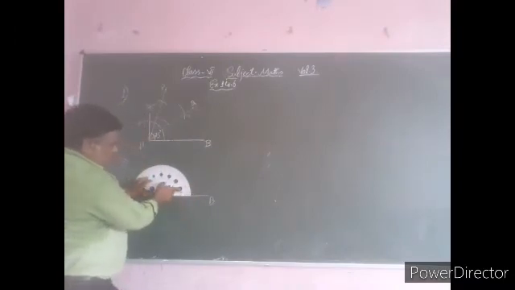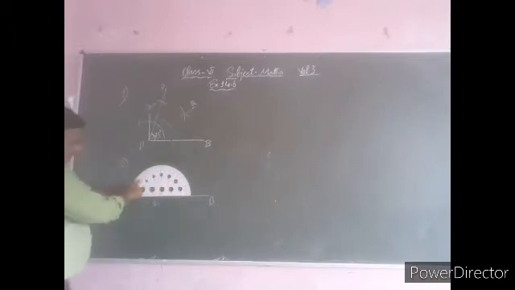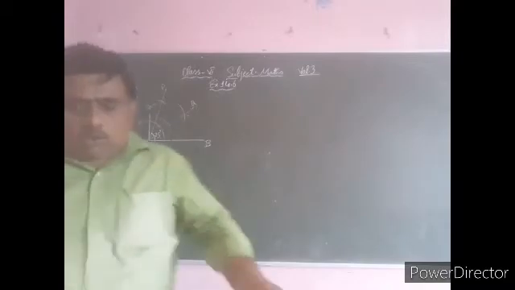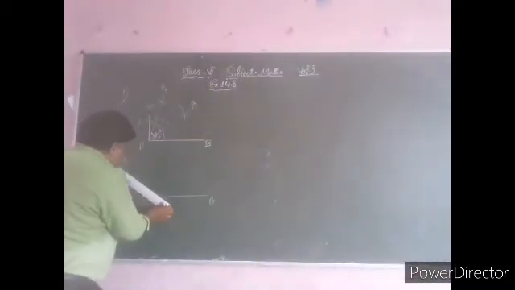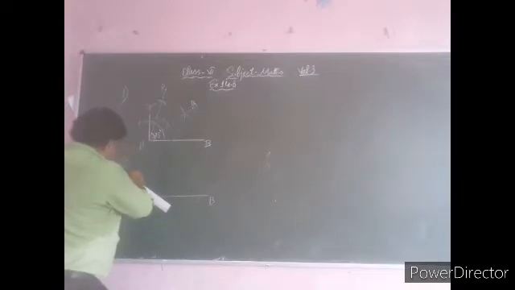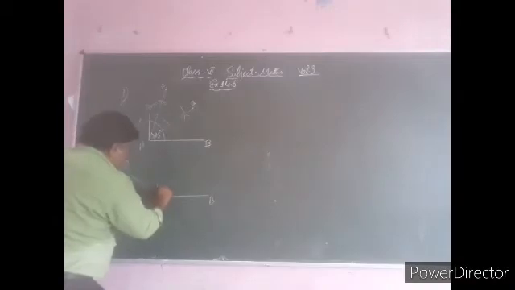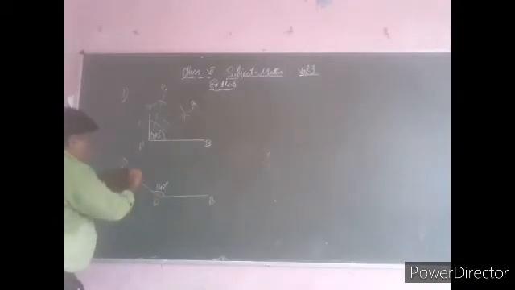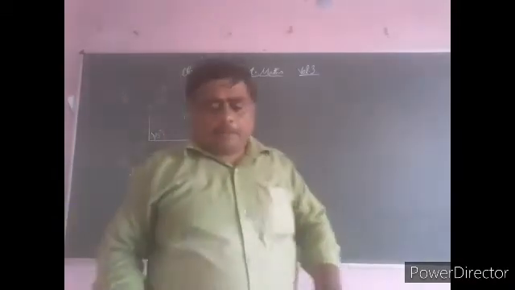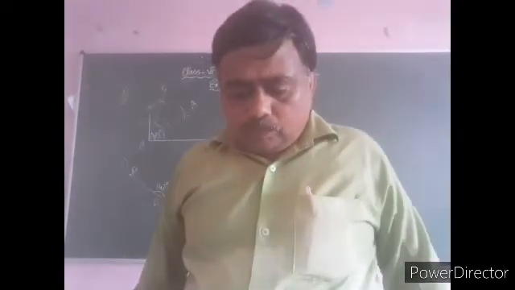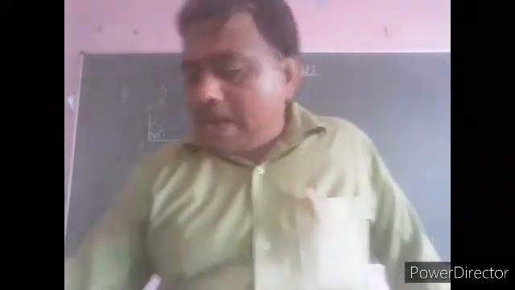The line is here, so 0 from here, 140, 145, 6, 7. This one. So an angle of 147 degree is drawn. Suppose this is P. So construct its bisector.